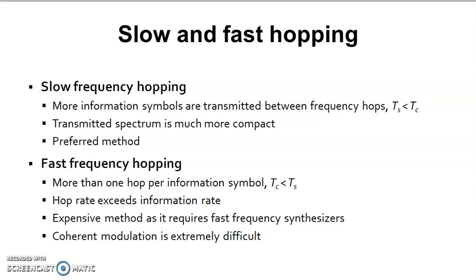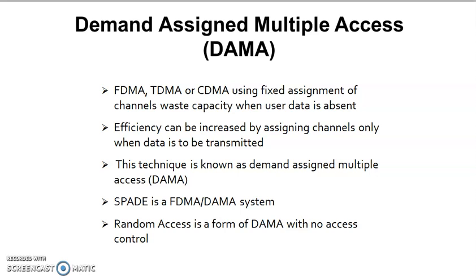We have seen all these methods earlier for multiple access systems. Next is the demand assigned multiple access system. FDMA, TDMA and CDMA use fixed assignment channels, so capacity is wasted when user data is absent.